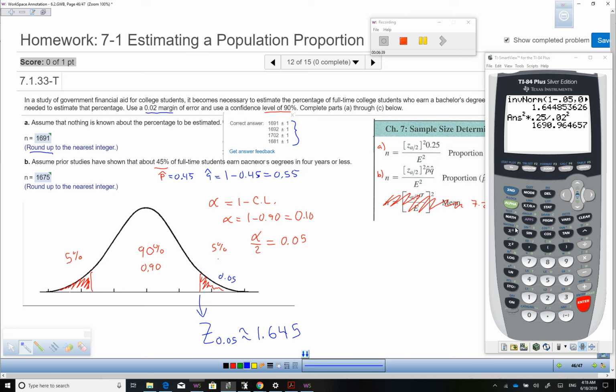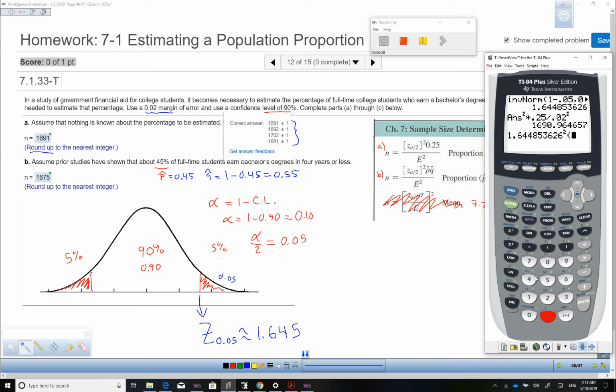Again, if you want to get this number again, you can repeat the process: second, vars, inverse norm, or you can just go up, up, up, up, press enter, raise this to the second power, just like the formula says right here, open a set of parentheses and multiply p and q.